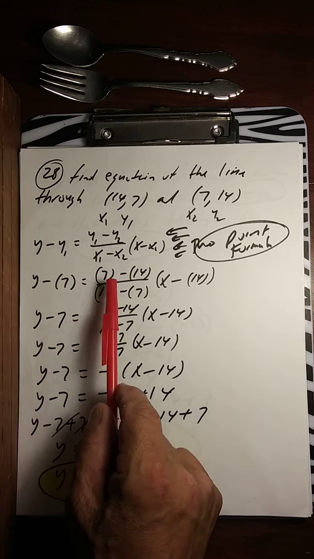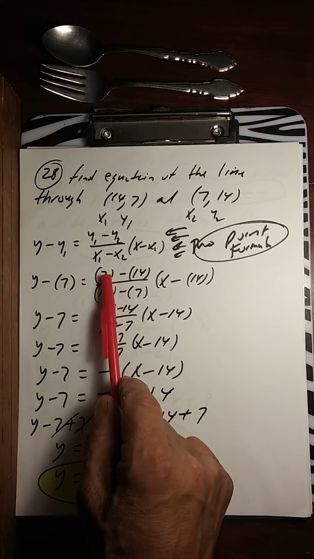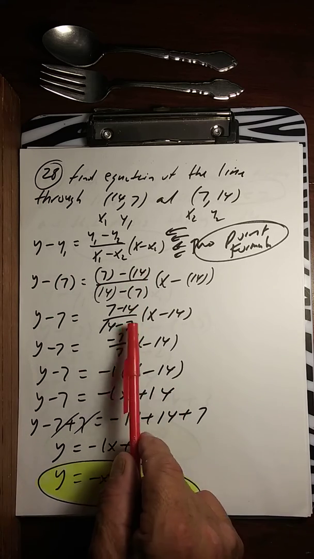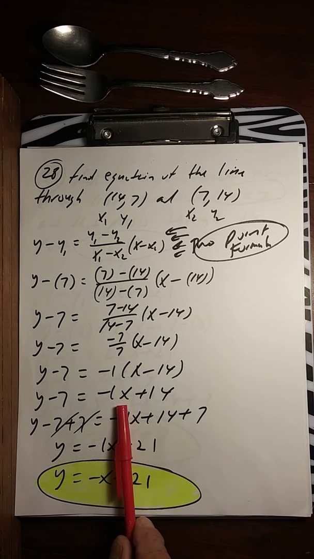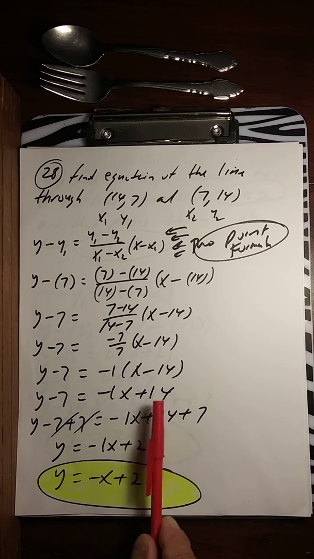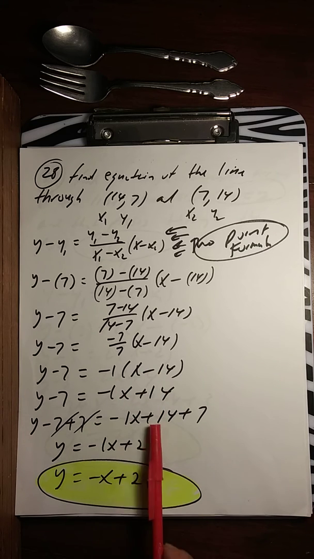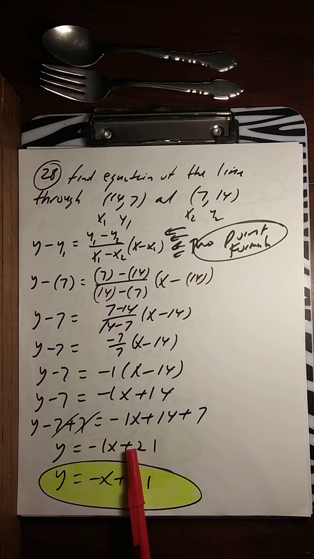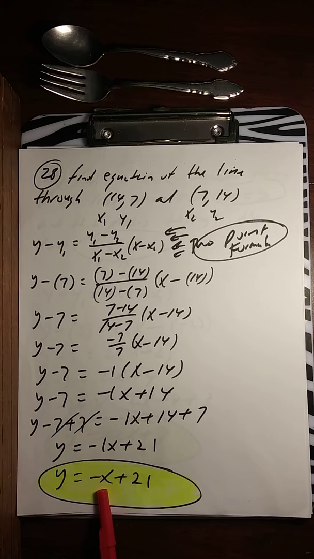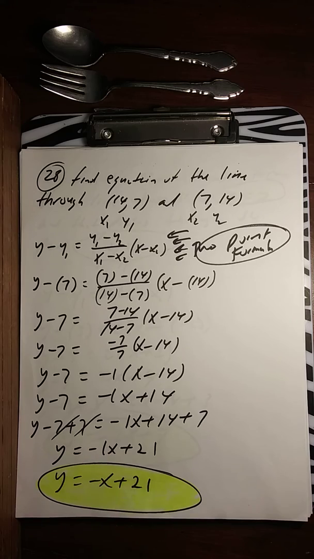So we have negative 7 over 14 minus 7. Negative 7 over 7 is going to be negative 1. Negative 1 times that is negative 1x. And it's going to be 14, add 7, these are gone. So y equals negative 1x plus 21, or y equals negative x plus 21. You don't need the 1.